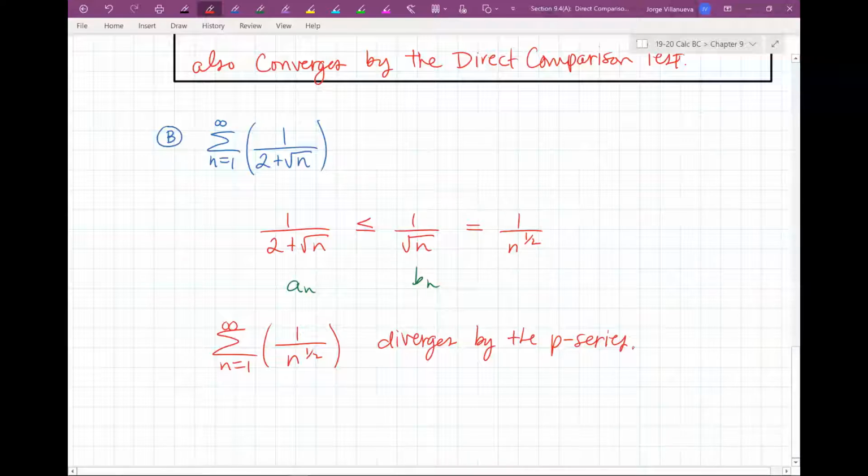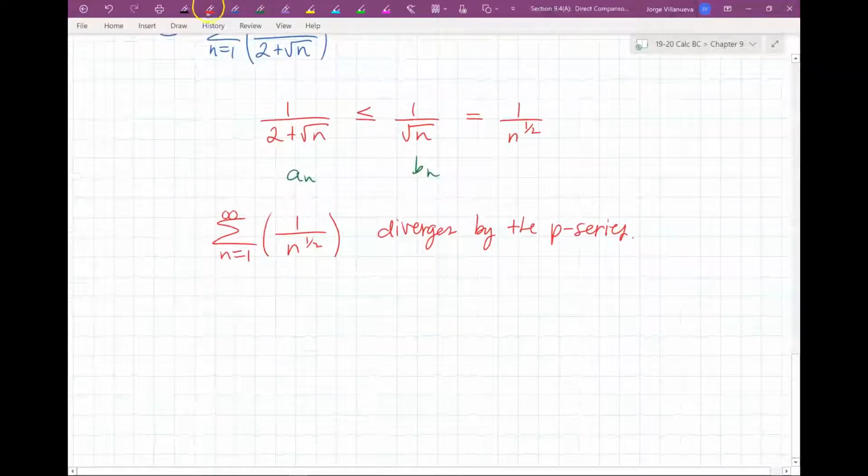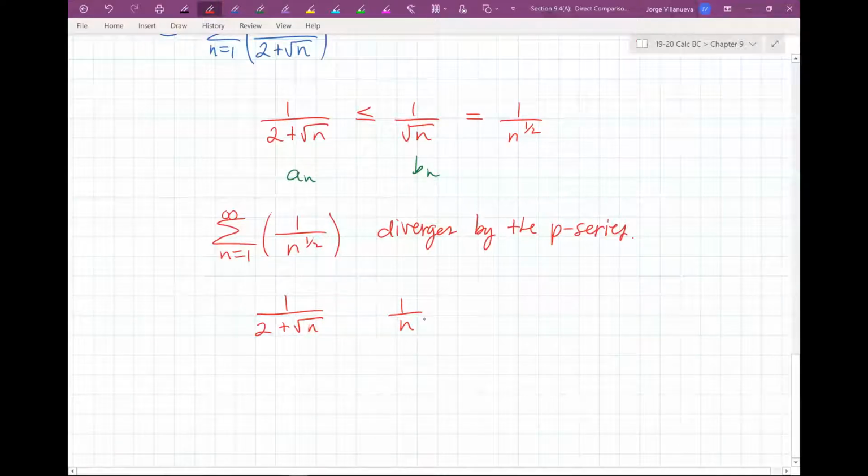So a lot of times what people say is, if that didn't work, why don't I just drop the power altogether? Let's just try 1 over n. So let's try this. I have 1 plus 2 radical n and 1 over n. Okay? So here's the question. Which one's bigger?